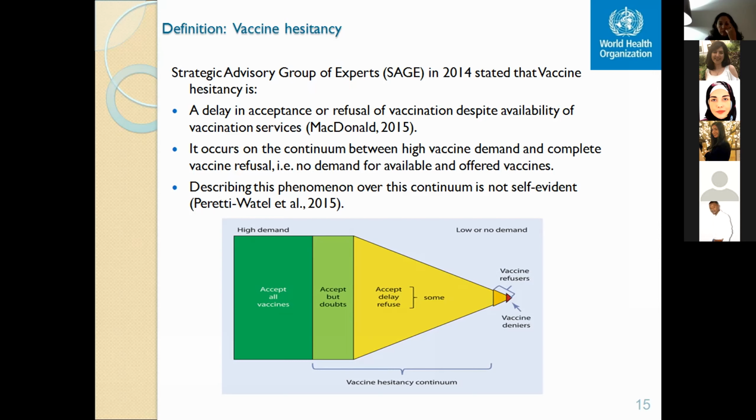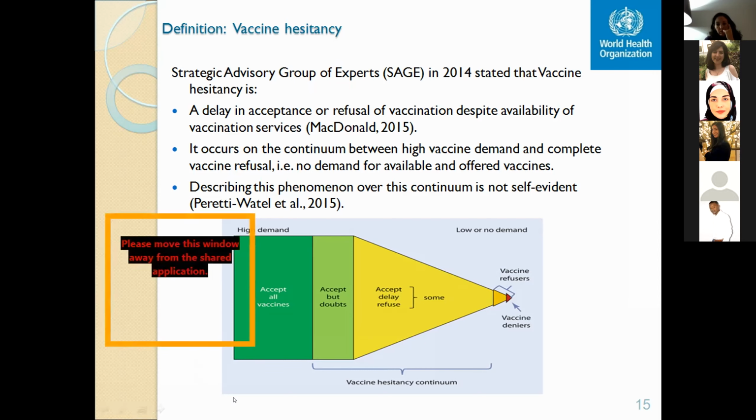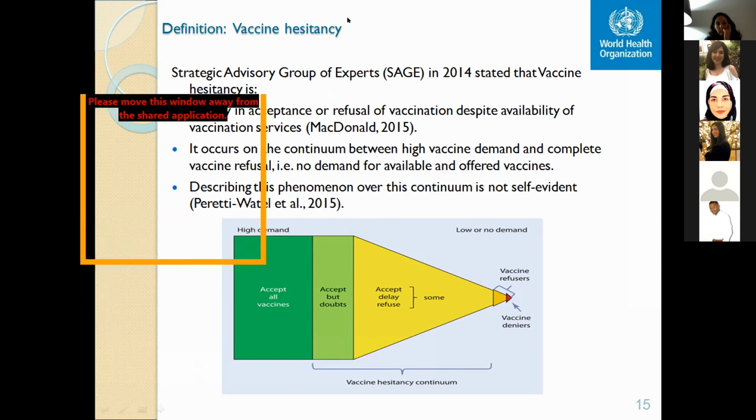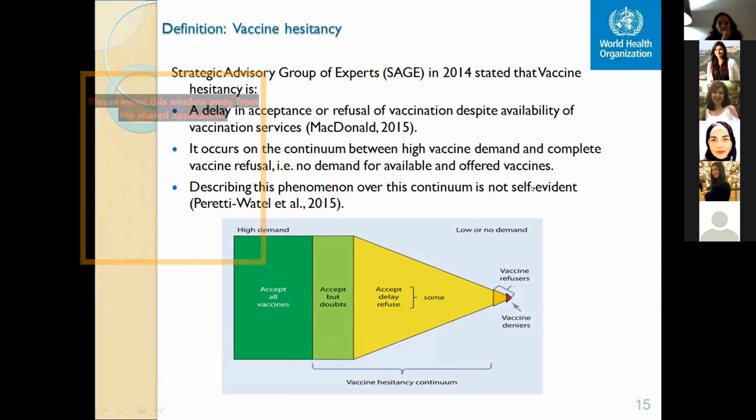It occurs on a continuum, as you can see in the figure, between a total vaccine acceptance, acceptance with doubts, or acceptance with a certain delay, or refusing and denying it, denying even that it exists. So here you can see that the definition is very broad. It cannot be empirically measured, at least at this stage.